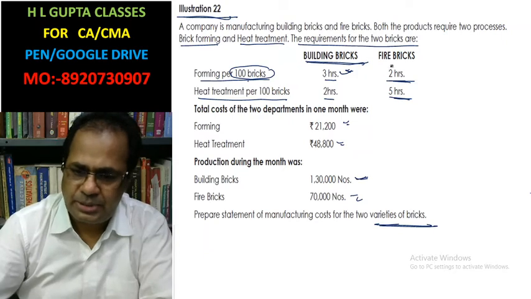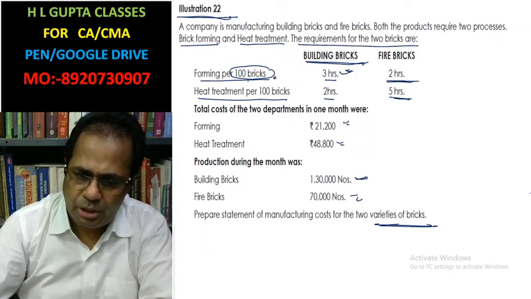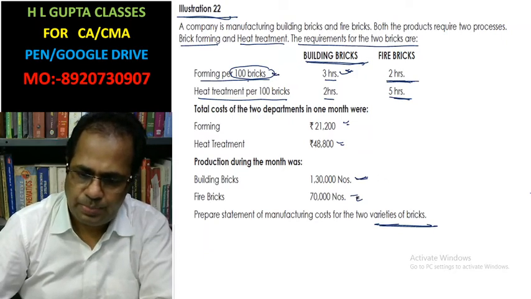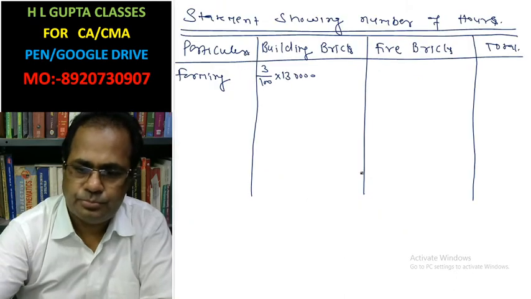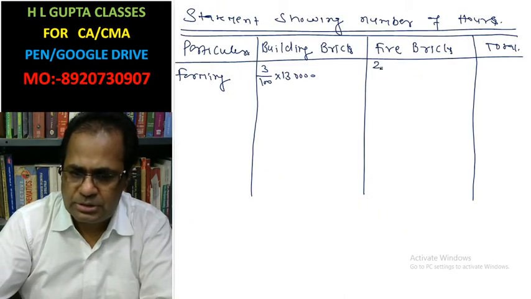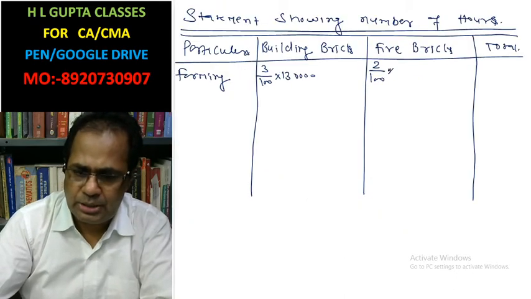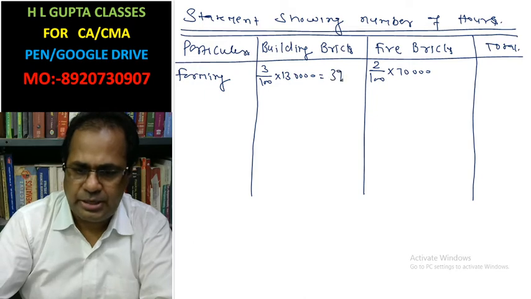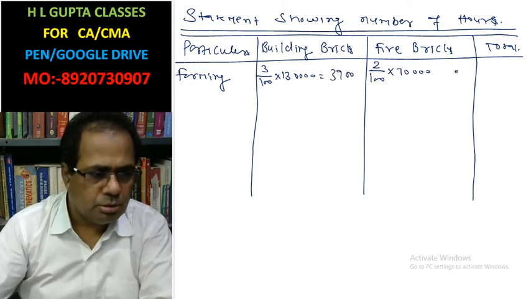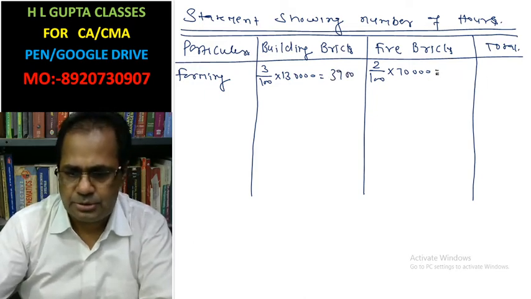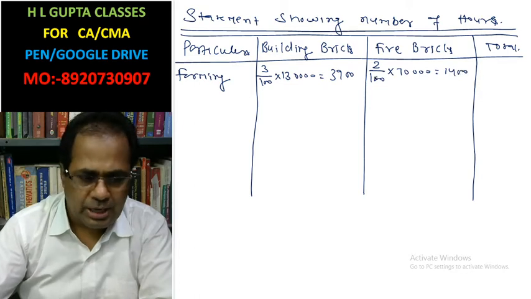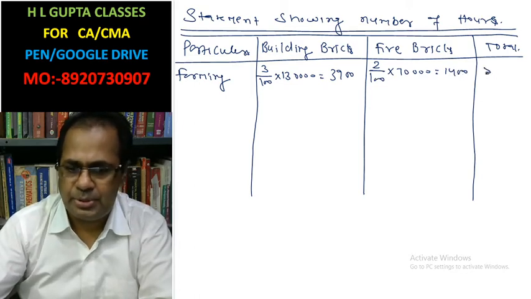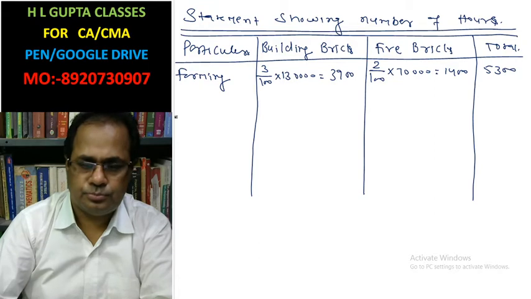In the case of fire bricks, it is 2 hours for 100 bricks, so what is it for 70,000 bricks? This is 3,900 hours, this is 1,400 hours, and the total is 5,300 hours.